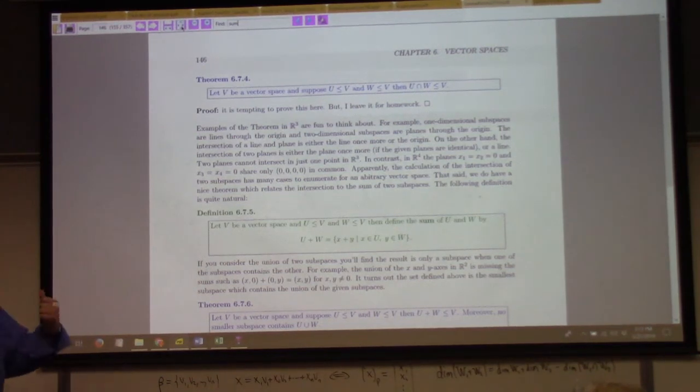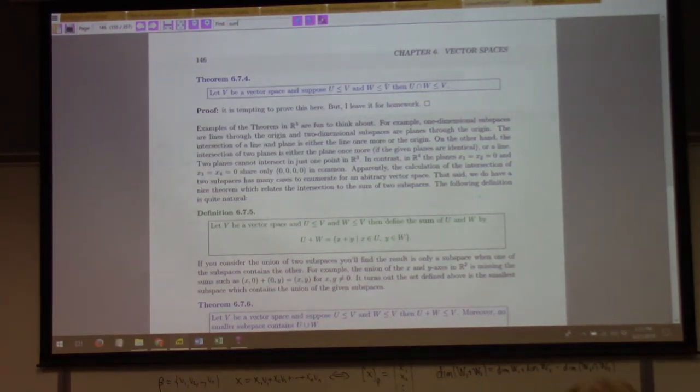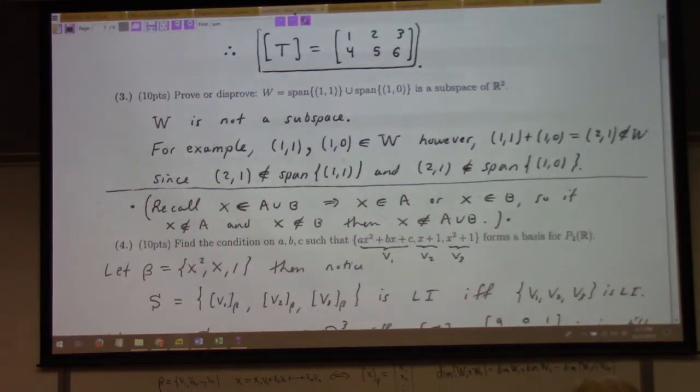And that's what this problem was on the test, all right? Now, maybe you didn't look at it like that, but I was hoping that some of you would have looked at it that way. But very, very few of you got this. So many of you fell for my trap, which was, I thought a lot of you would just say, oh, it's a span, so it's a subspace, right?